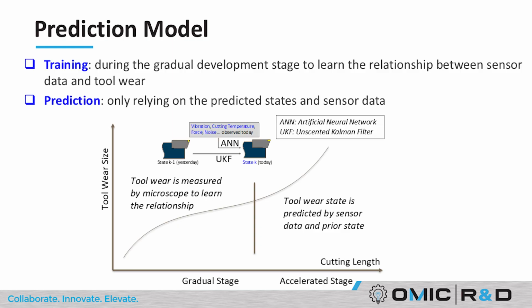There are more candidate algorithms or models we could choose. For instance, if we have a large amount of data, we can replace this artificial neural network with a convolutional neural network. That is one of the approaches we are doing in the second phase of the project. Also, the unscented Kalman filter can be replaced with other filters to represent the state-to-state relationship.